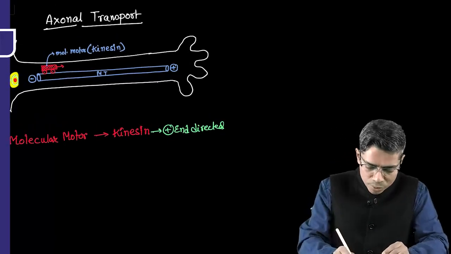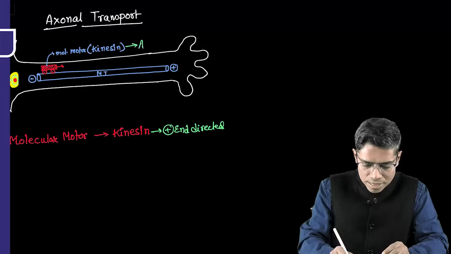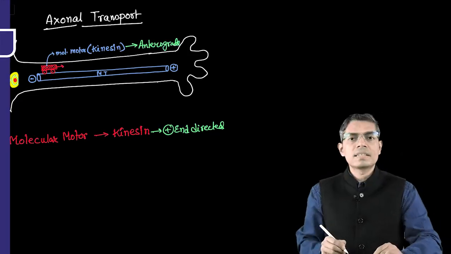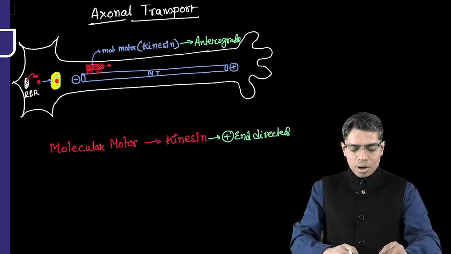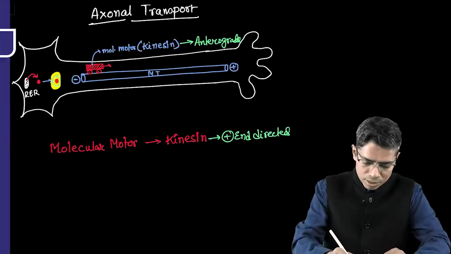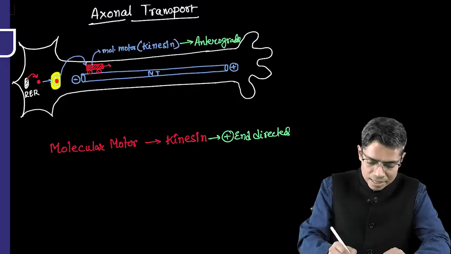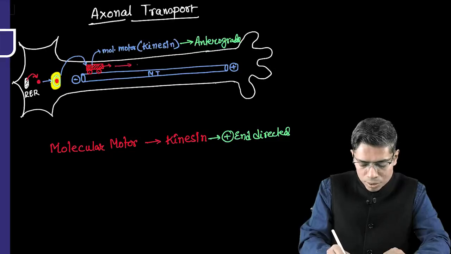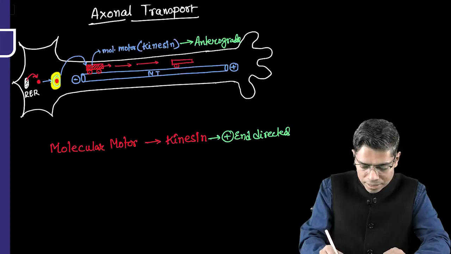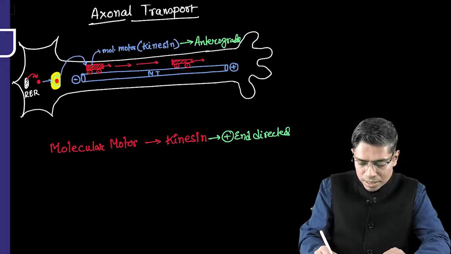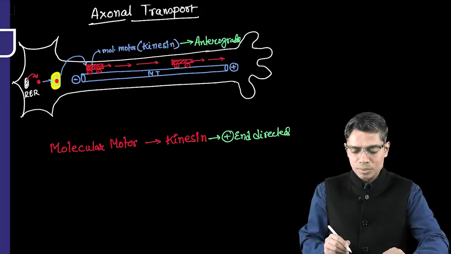This kind of transport by a plus end directed motor is also known as anterograde transport. So kinesin is anterograde transport. So how will this vesicle be transported? Now look at the whole process. First of all, this vesicle will be taken up by this kinesin molecular motor, and then the kinesin will move onto this microtubule, like the Indian railway system, and it will move until it reaches the end of the microtubule.